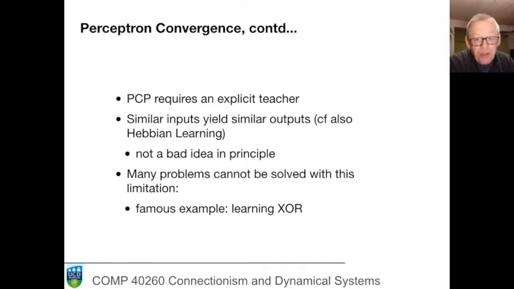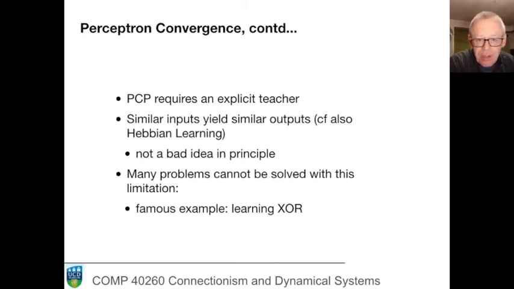Furthermore, there was an analysis done of the theoretical set of problems that the Perceptron Convergence procedure can solve. And it demonstrated clearly that there was a whole class of problems that it couldn't solve. So we're going to have a look at one of those.